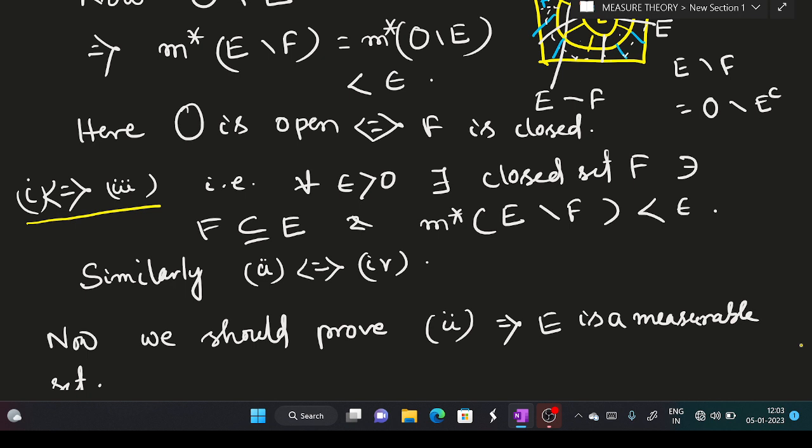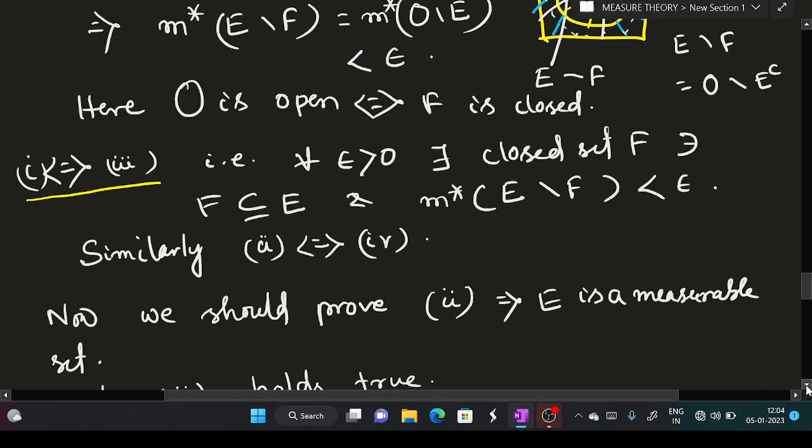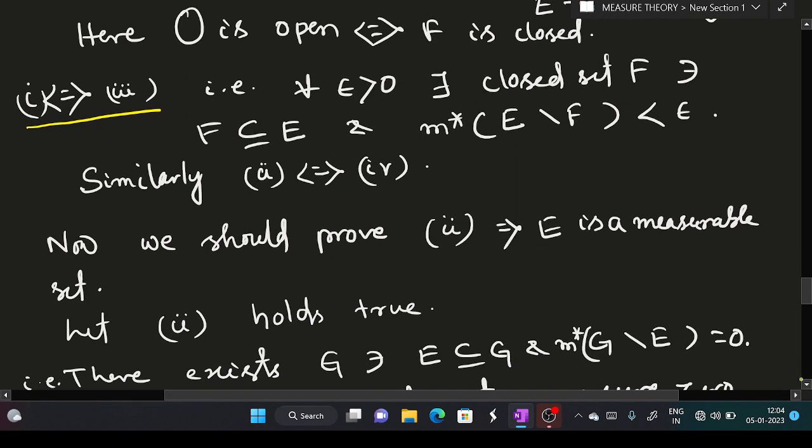Similarly, we can take 2 implies and is implied by 4 by applying De Morgan's law, open set complement is closed, closed set complement is open, and E is measurable implies and is implied by E complement is measurable. So now one part is left: that one of these 4 conditions implies E is measurable.